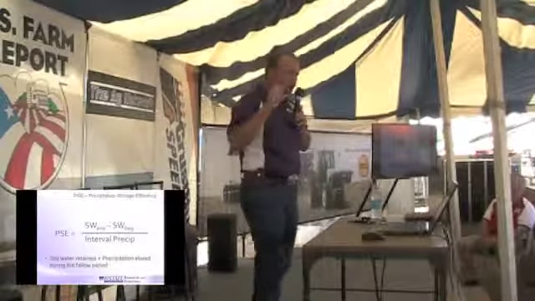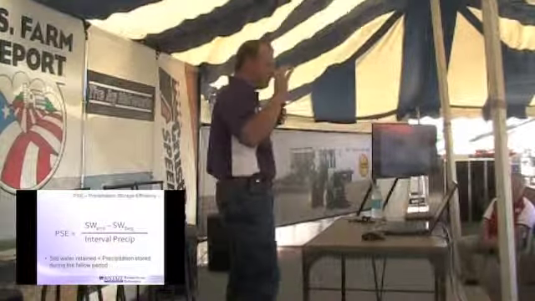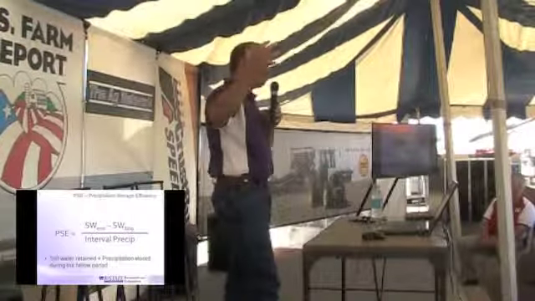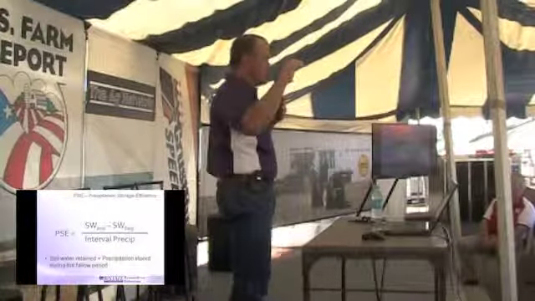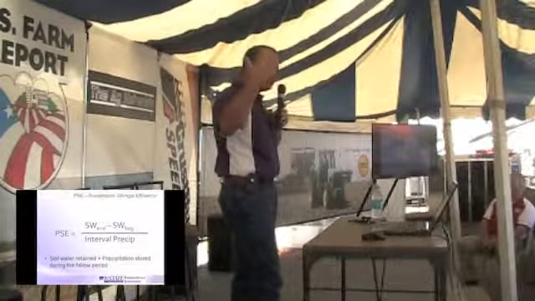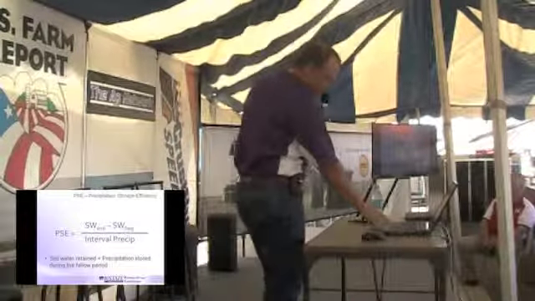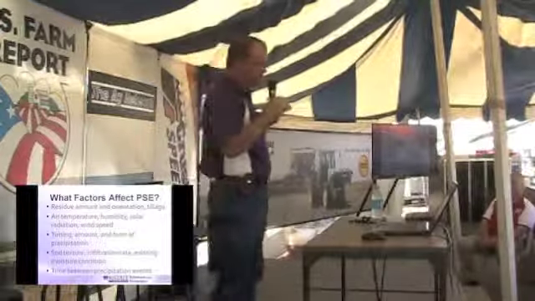The term precipitation storage efficiency simply means how much of the precipitation you get during the fallow period that you're able to store and put back in the soil. So you want to put as much rainfall as we get in the soil so we can have more water to work with. There are a lot of things that affect precipitation storage efficiency.